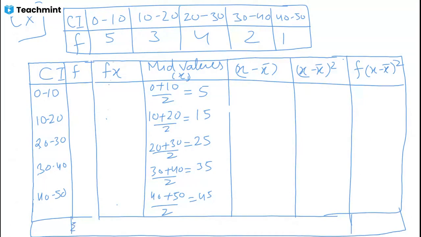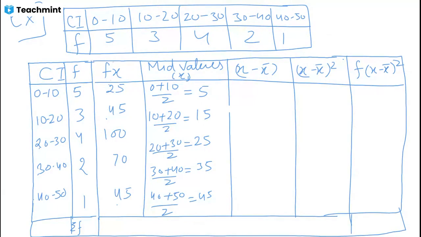Here we need to find summation f also, and corresponding frequency f is 5, 3, 4, 2, 1, and f into x. We have x 5 and f is also 5, so we have 25, and 45, 15 into 3, and we have 100, 25 into 4, and 70 and 45. You got it? Yes, ma'am.